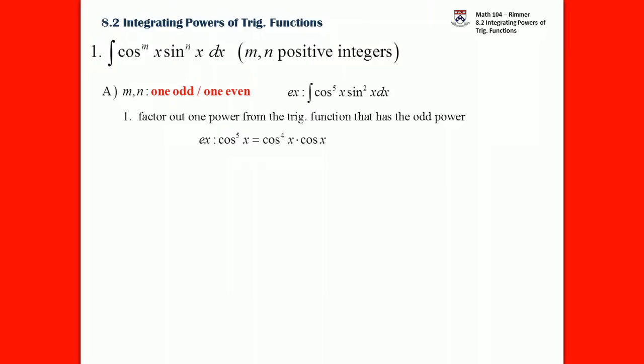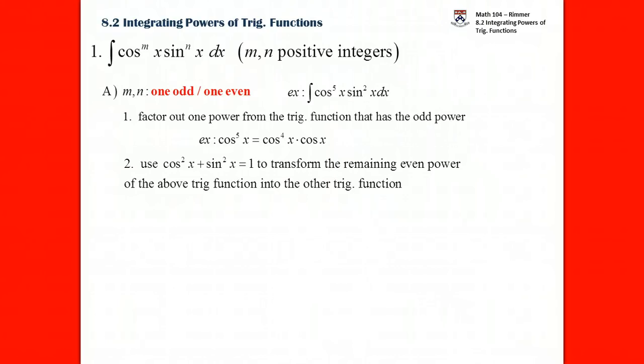Notice that we're not doing anything to the one that has the even power. The reason why we do this is because the one that we peeled off, the one that we factored out, basically we're going to end up doing this just with the U substitution. And this taking one of them out ends up being part of the U substitution.